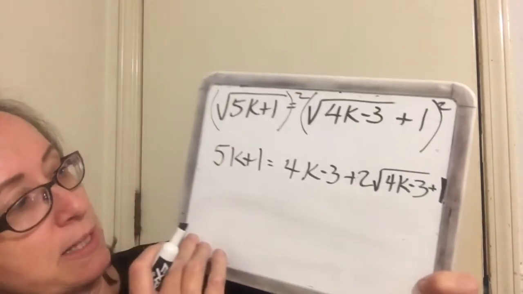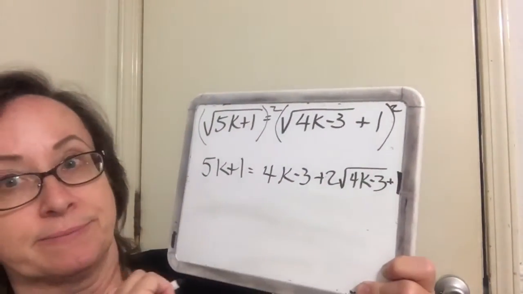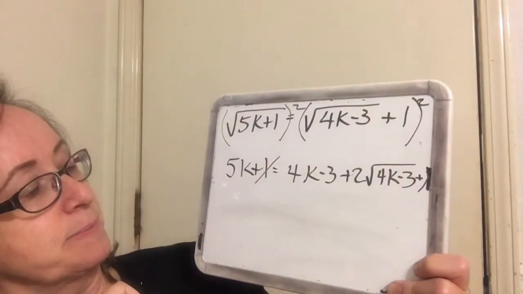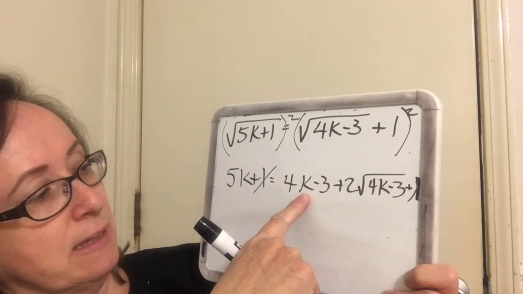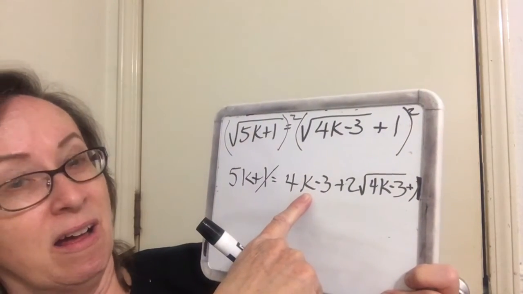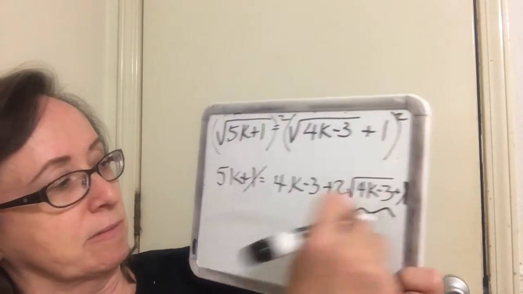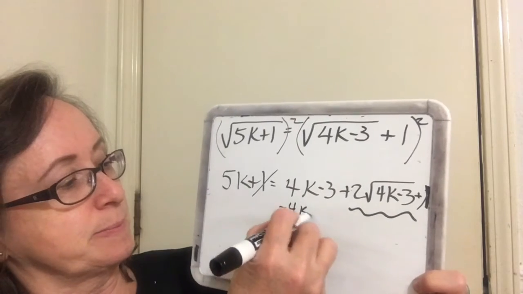Okay, so plus 1. Now notice that I have a plus 1 and a plus 1, so I'm going to take those out. They cancel. And I've got a 5k. On the other side, I've got a 4k. I'm trying to get everything on the other side except for this radical, right? So I'm going to subtract the 4k from both sides.